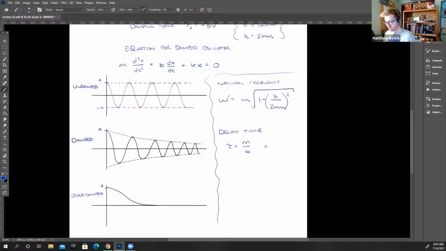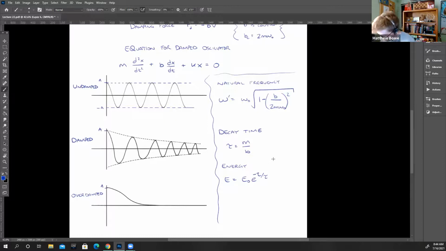If we wanted to find how much energy is in an oscillating system, you start out with the initial energy, times the exponential of minus t over tau.